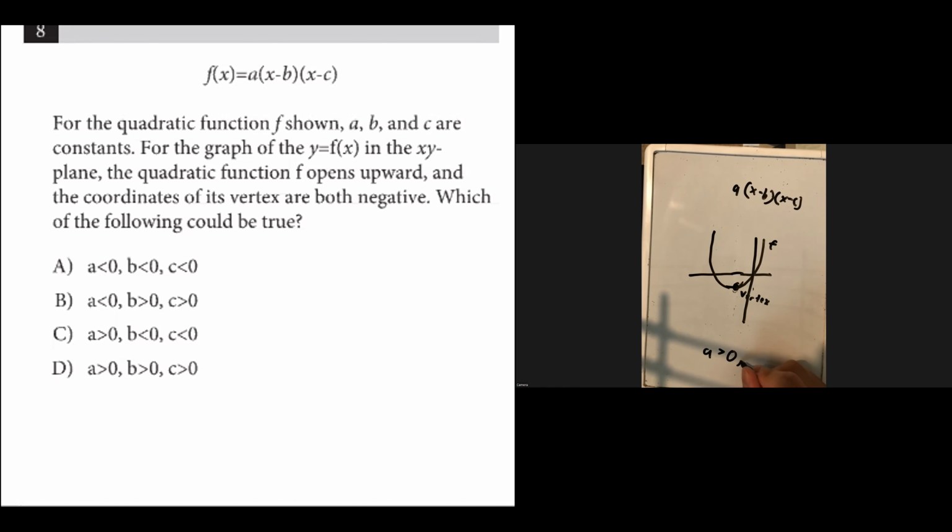So A has to be greater than 0, B has to be less than 0, and C has to be less than 0. For A, it's basically is it opening upward or downward? Since it's opening upward, it's positive. And for B and C, since they're both negative points, they both have to be less than 0. So the answer choice here would be C.